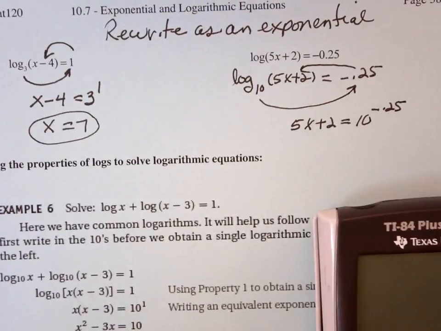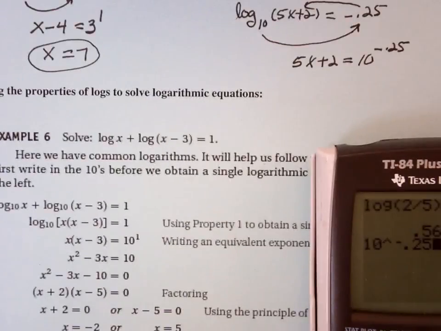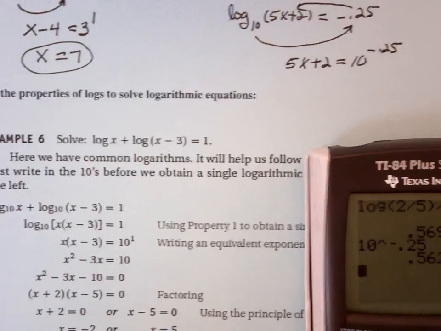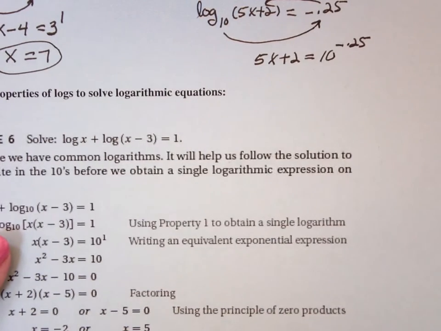Now what I personally would probably do is see what 10 to the negative 0.25 looks like. I would probably do 3 decimal places, 0.562. That makes it easier to work with.